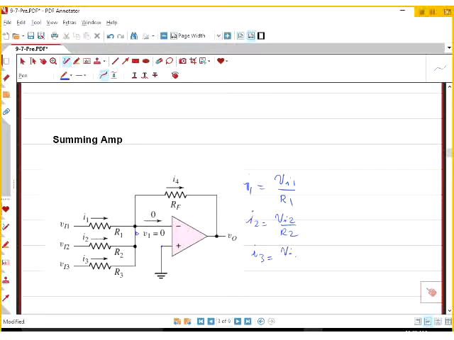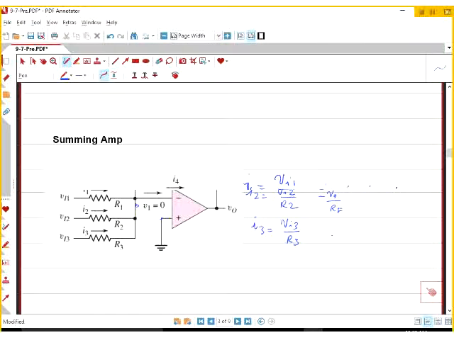I3 is VI3 divided by R3. And we already know I4 is the summation of all these currents, and your I4 is basically minus VO divided by RF.